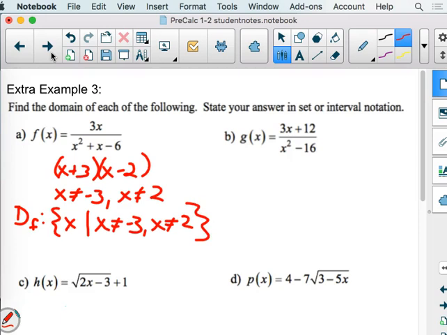And if you're thinking to yourself, shouldn't we put something about all real numbers in there? It's implied. It's all real numbers unless we tell them otherwise. So leave out the -3, leave out the 2. Which means we're going to have to do some jumping. So negative infinity, and which of those is the first one we hit on the number line left to right? -3.